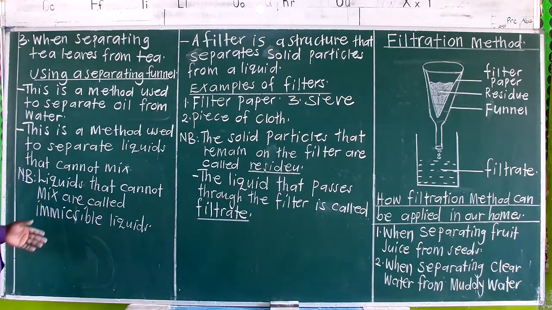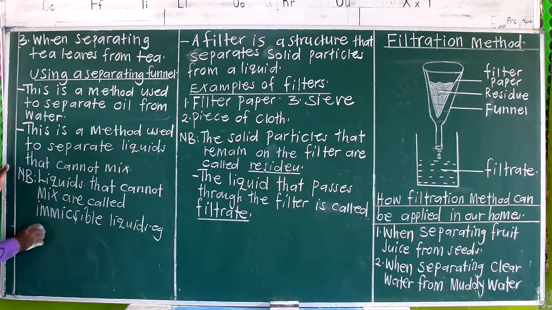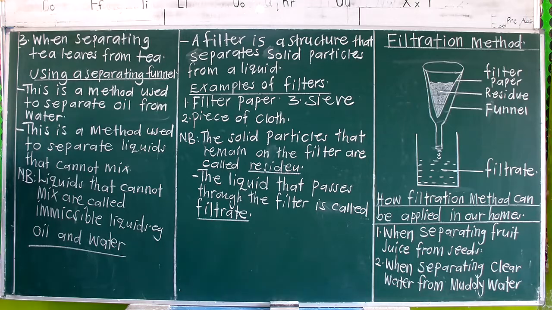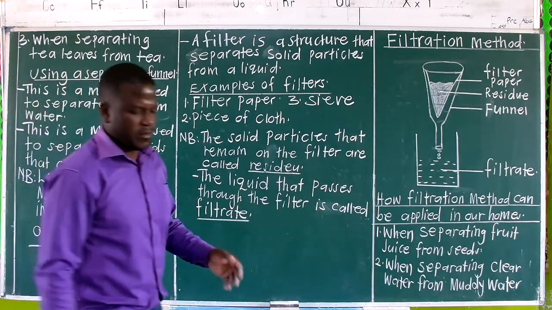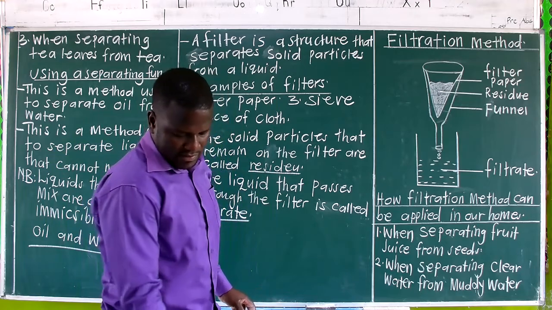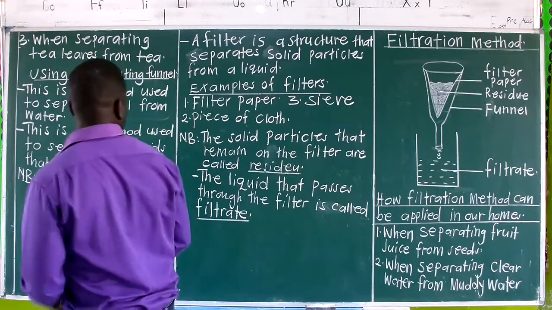And for example, we have oil and water. Oil and water are examples of immiscible liquids, liquids which cannot mix. So we can separate oil from water using a separating funnel.